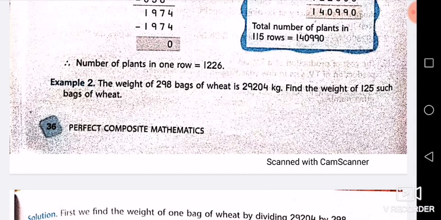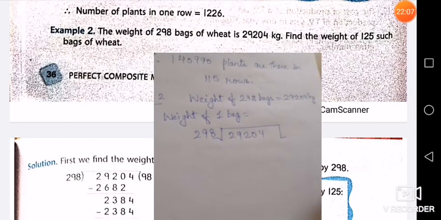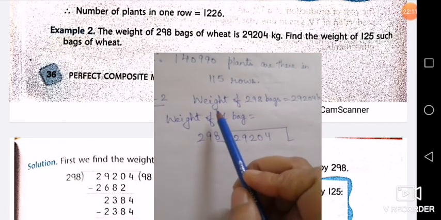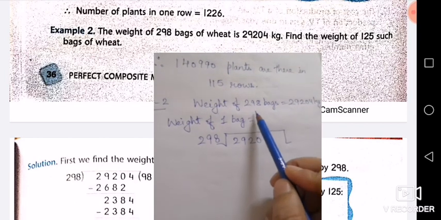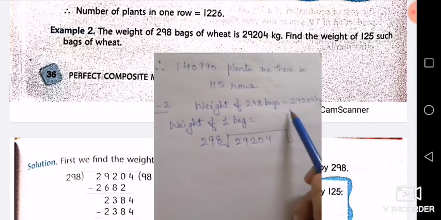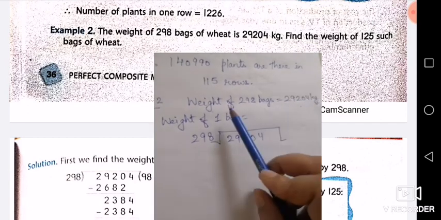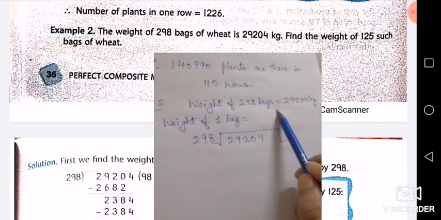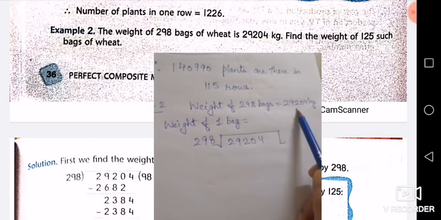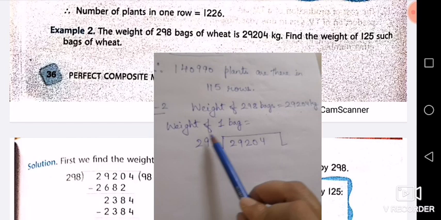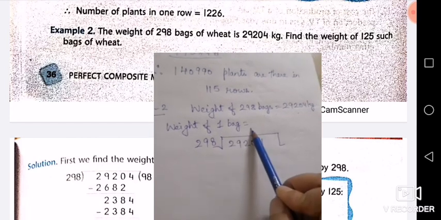So, let us do the question. So, let us start the question. As I explained just now, the weight of 298 bags has been given to you, that is 29,204 kg, and the weight of one bag you have to find out.